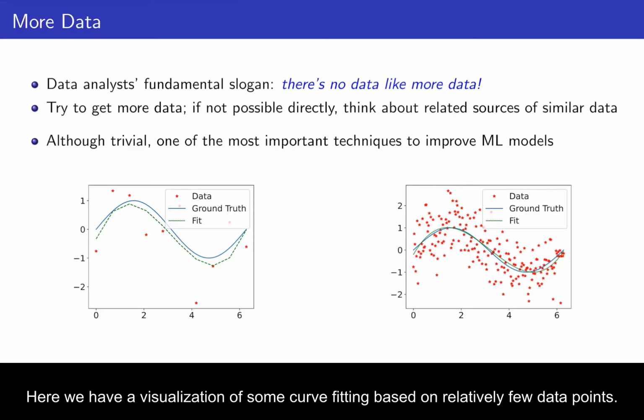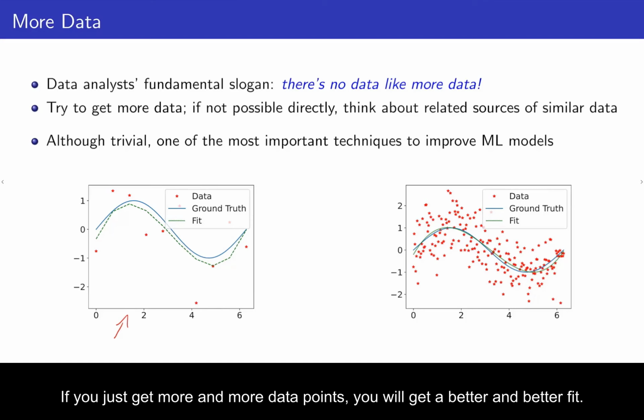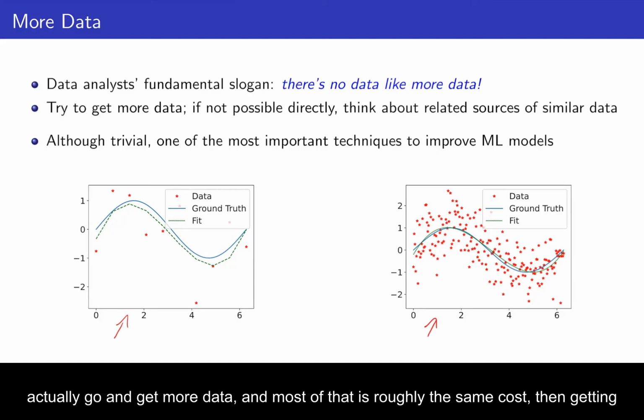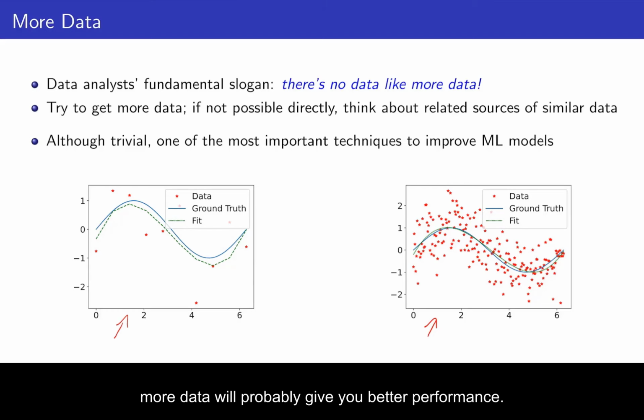Here we have a visualization of some curve fitting based on relatively few data points. If you just get more and more data points, you will get a better and better fit. And if you have the choice between investing a lot of time to build a better model or going and getting more data, and both are roughly the same cost, then getting more data will probably give you better performance.